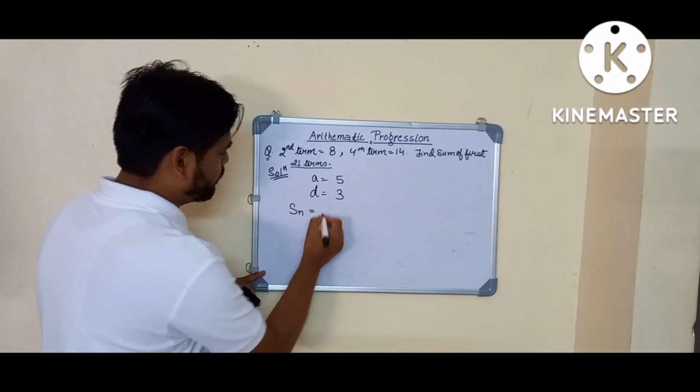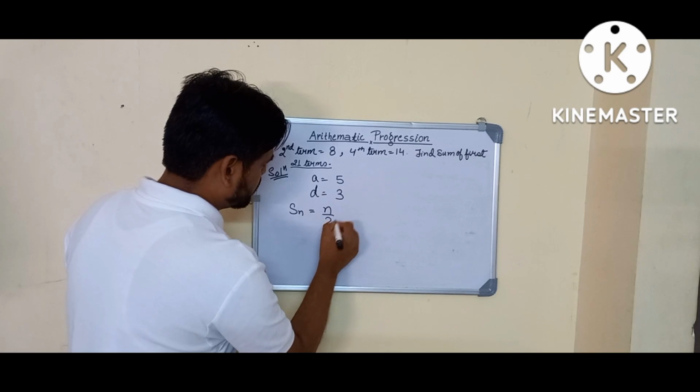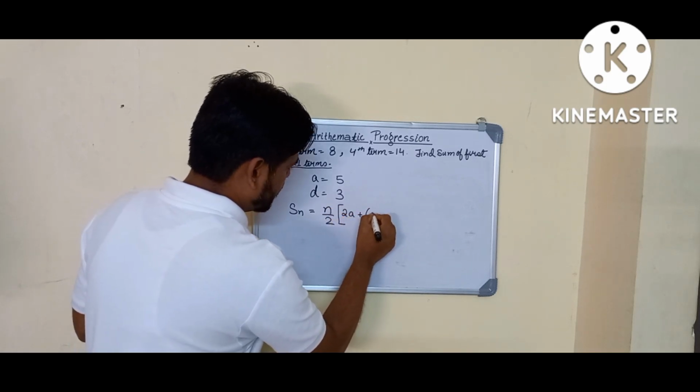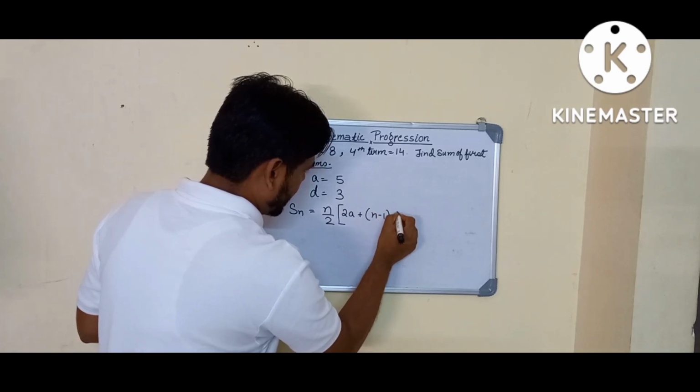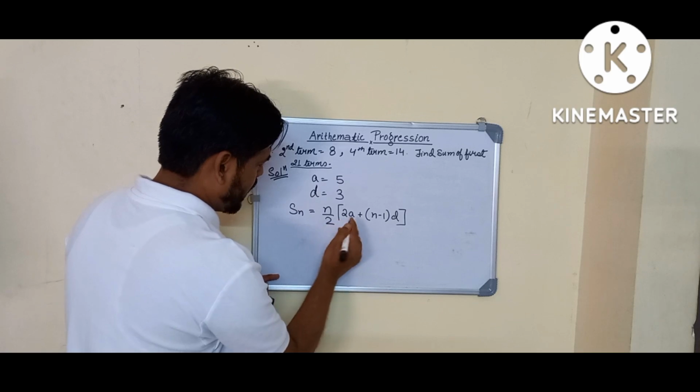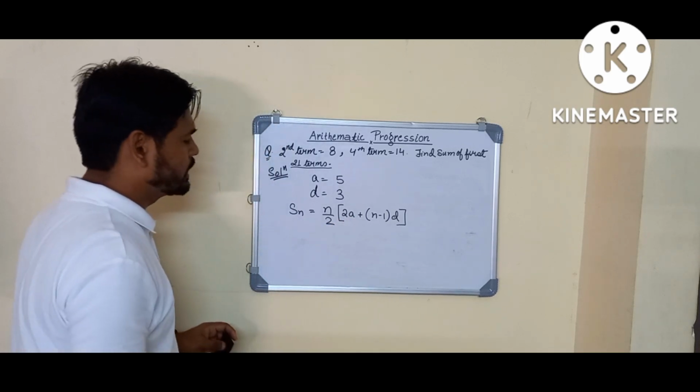Sn is equal to n upon 2 times twice a plus n minus 1 multiplied by d. This formula is supposed to be used, and then we can calculate the sum.